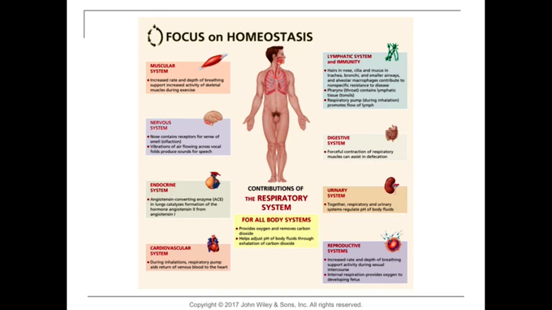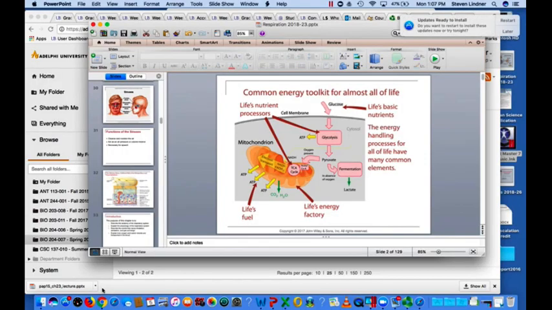If we look at the digestive tract, forceful contraction of respiratory muscles can assist in defecation. That's involved with the Valsalva maneuver. So, really important concept here. Make sure you're familiar with the link between the respiratory system and all other systems. Okay, and that brings respiration to a close.